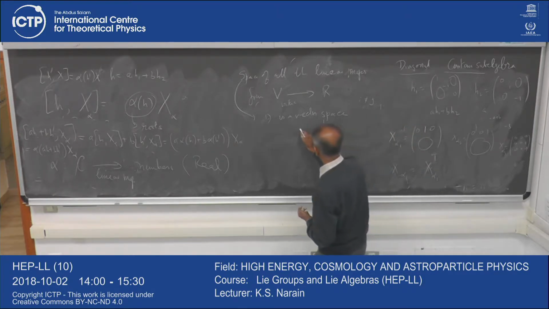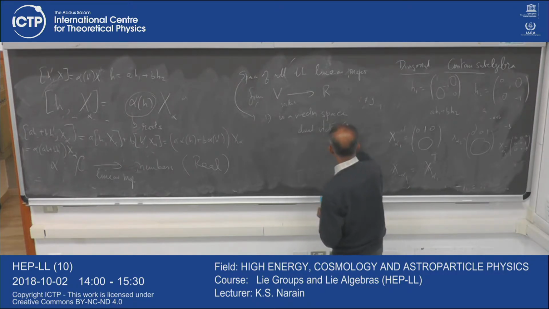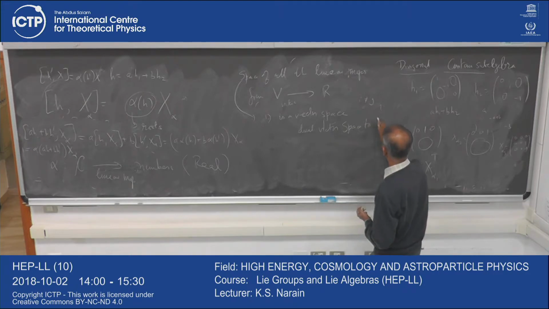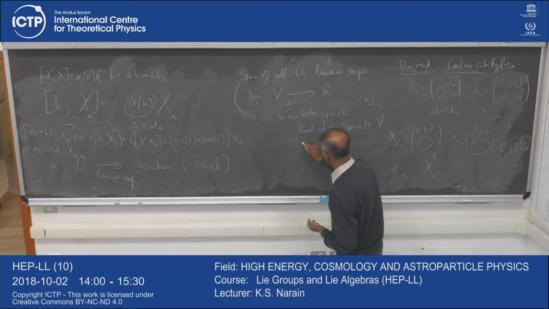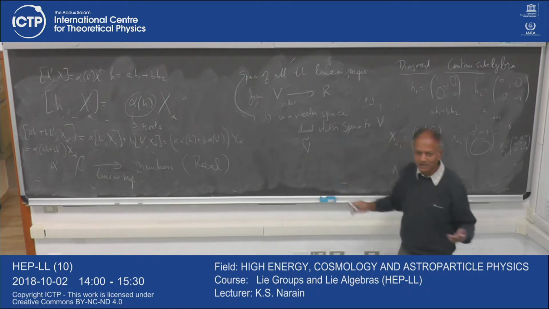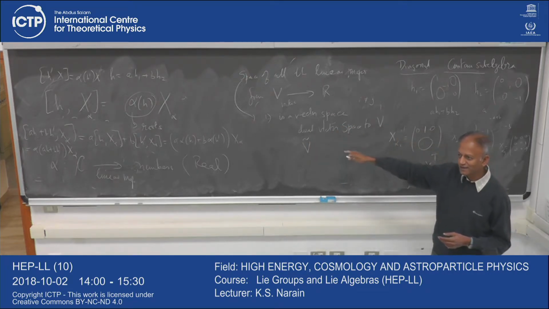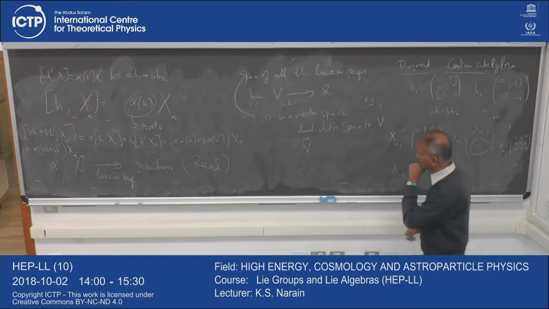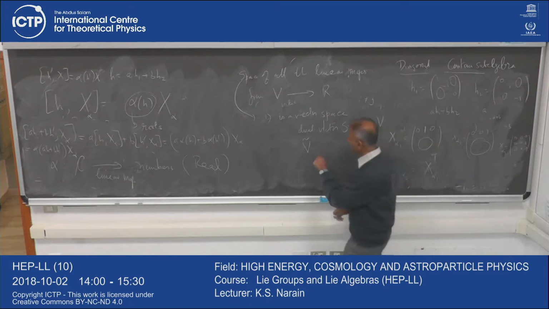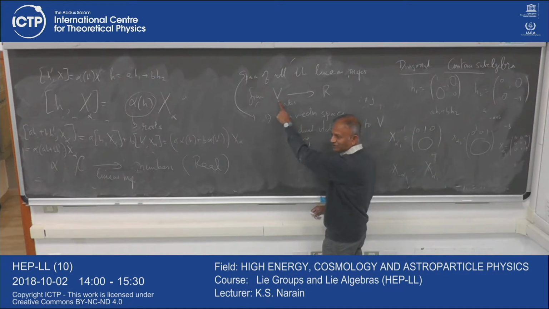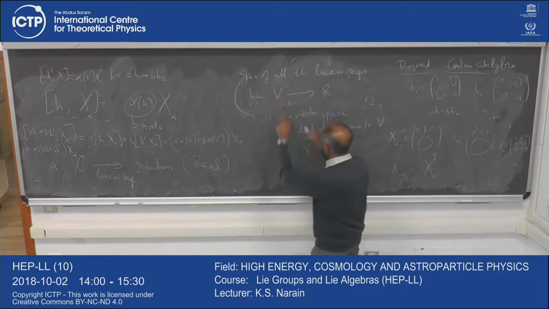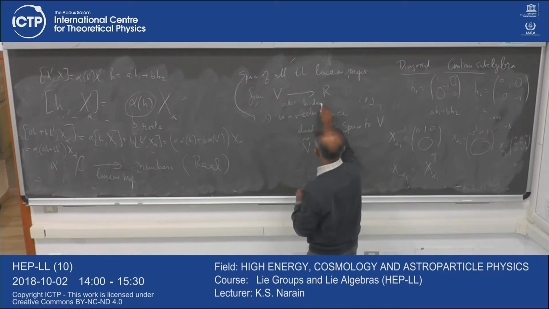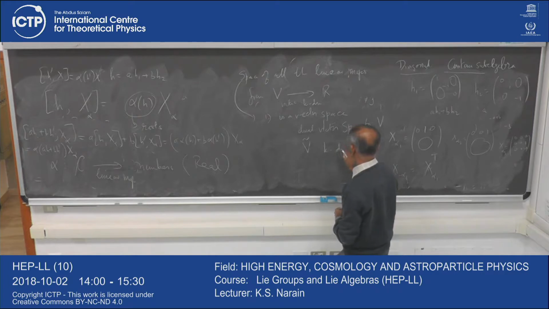This vector space is called the dual vector space, the dual of V. Maybe it's denoted by V tilde, I'm not sure. You can choose some convention. But okay, there's some vector space V dual. And very importantly, the dimension of this space is exactly the same as the dimension of V. If this is k-dimensional, then this is also k-dimensional.